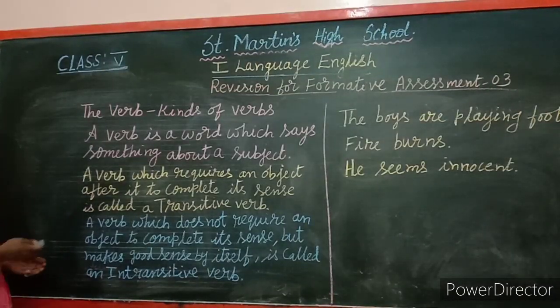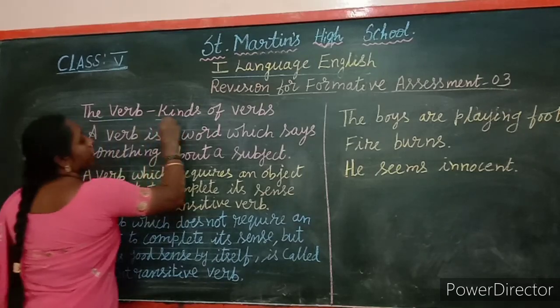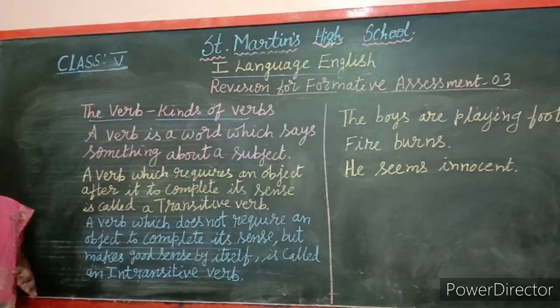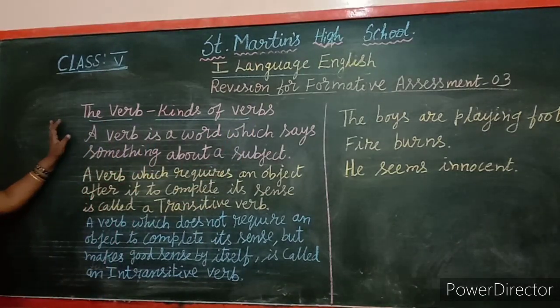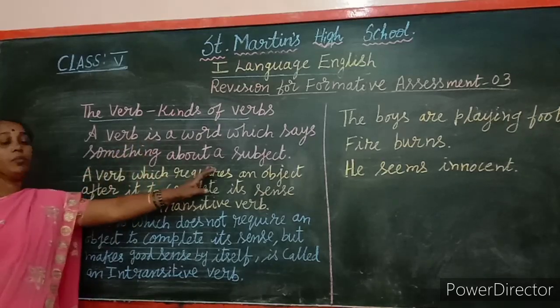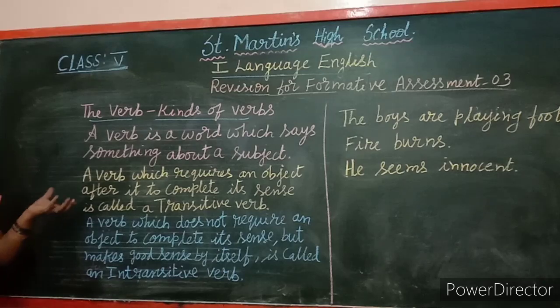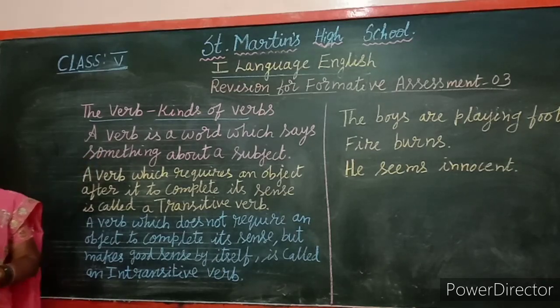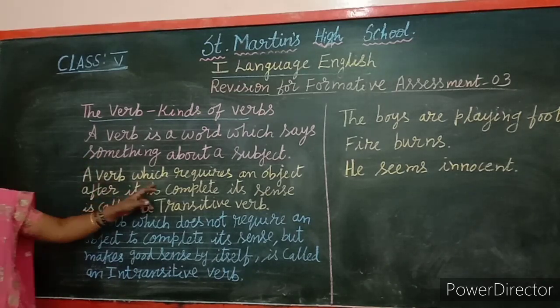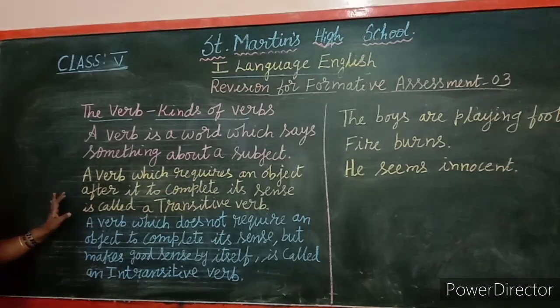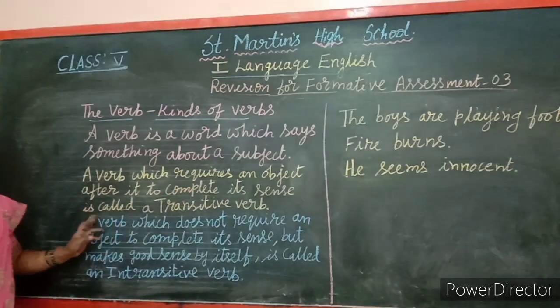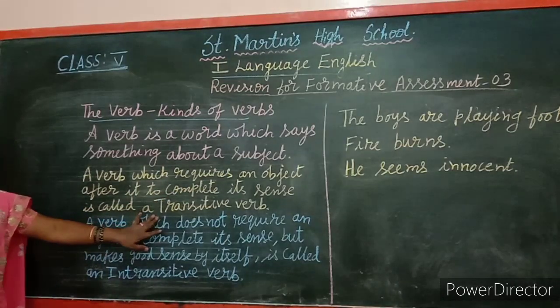Let's now look here, children, the verb kinds of verbs. The next unit. What is a verb? A verb is a word which says something about a subject. It says something about the subject and then it shows you the action. A verb which requires an object after it to complete its sense is called a transitive verb.